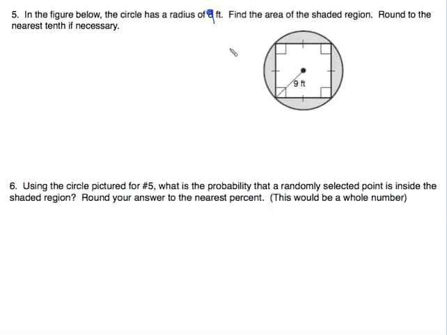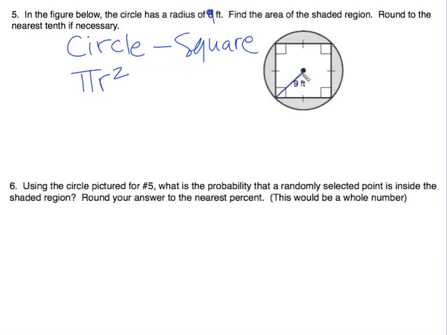So the shaded region is going to be the circle area minus the square. So circle is pi r squared. And for the square, since we're given half of a diagonal, I'm going to use 1/2 diagonal 1 times diagonal 2. So pi 9 squared makes 81 pi.